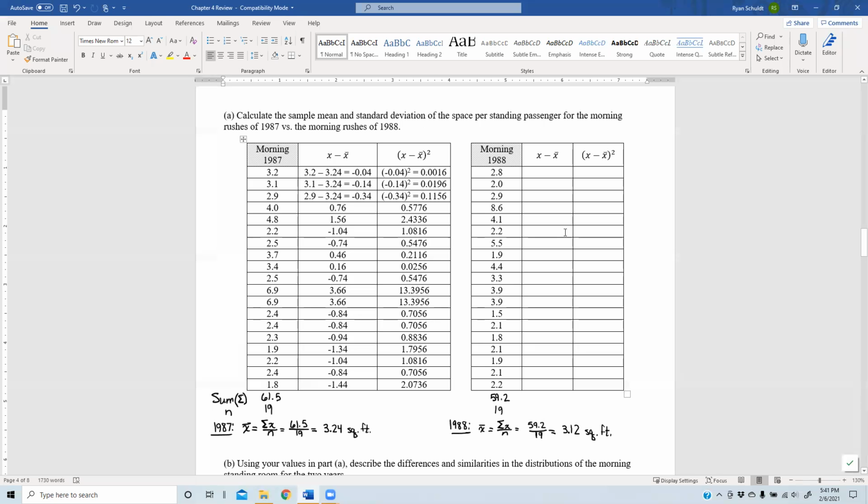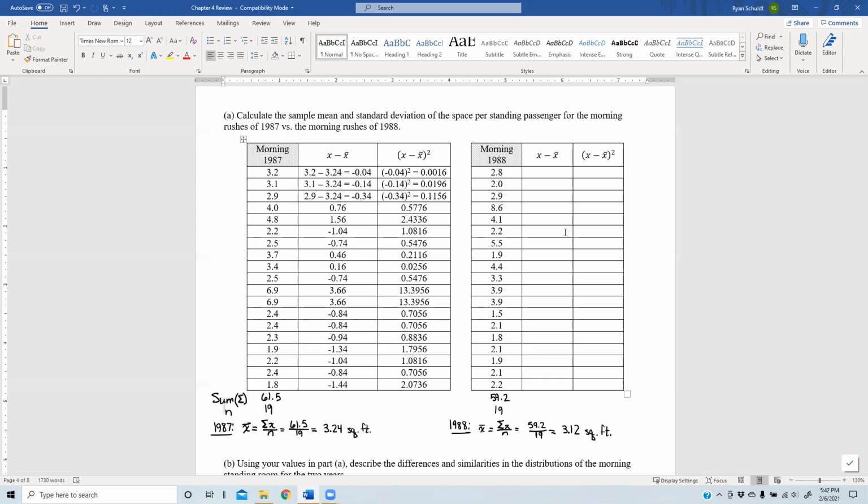Okay, so I have everything filled in now. So hopefully you paused the video and checked everything, did your own, and then now you can check your numbers, see how you did. But here's our whole table filled in.